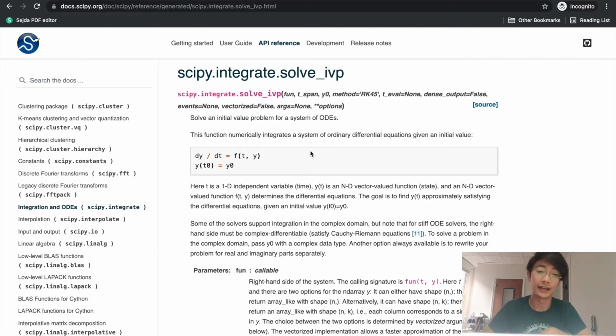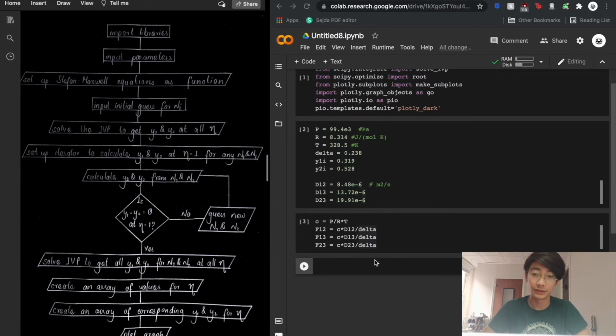So let's go ahead and make that function. We can define our function. Let's call it dy. The first variable that it takes should be eta, and the second one should be y1. But instead of doing that, I'll just make the second variable y so that we can set up both of our differential equations for both y1 and y2 in the same function.